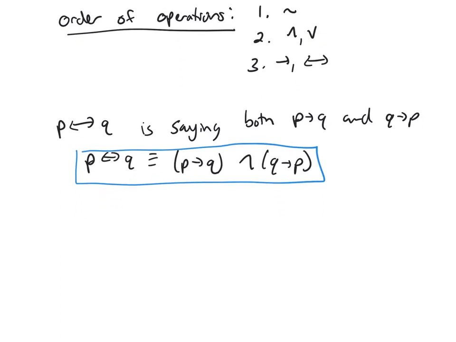If I want to show that they're logically equivalent, I could show that they have identical columns.